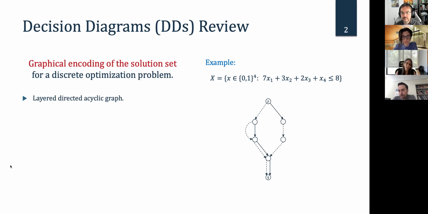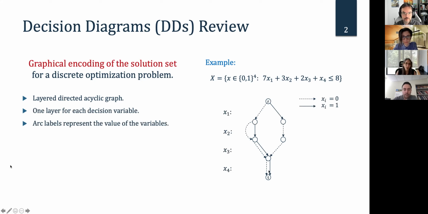So what is actually a decision diagram? Well, it's a directed acyclic graph. We have a root node and a terminal node. We have one layer for each of the decision variables, and each of the arcs has a label that represents the value of the variable.